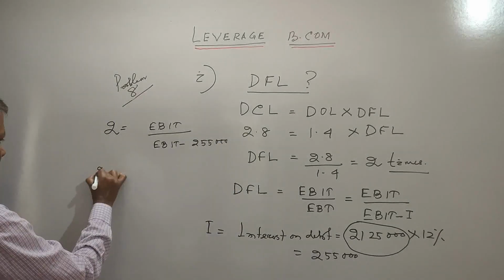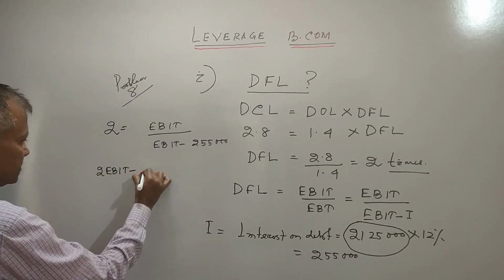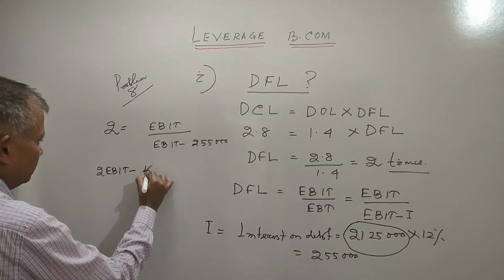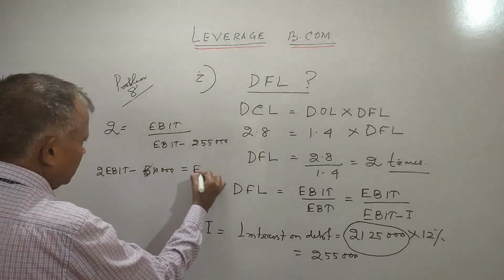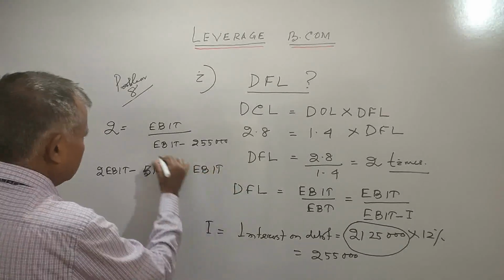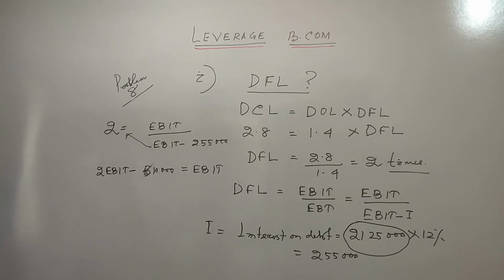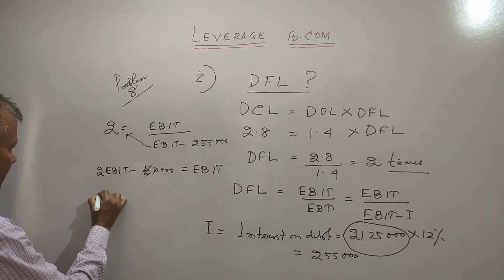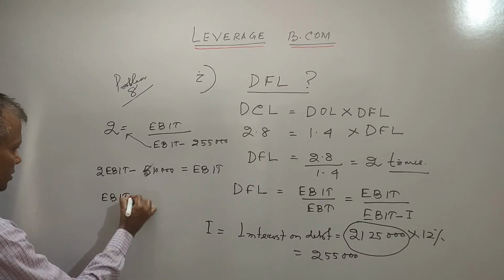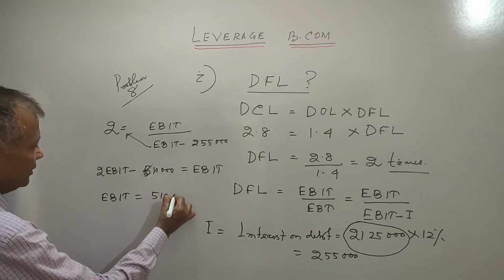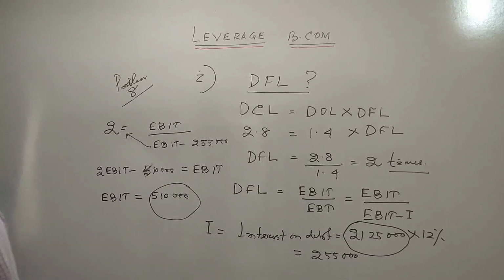So if we multiply, 2 into EBIT minus 5,10,000 equal to EBIT, cross multiplication this is, and if we take it here, then EBIT is 5,10,000. So friends, EBIT is 5,10,000.